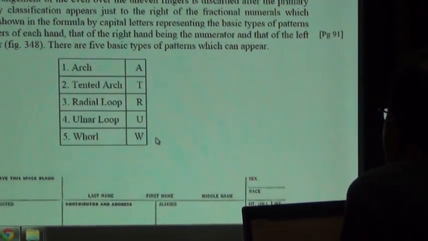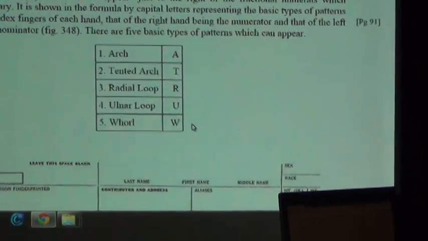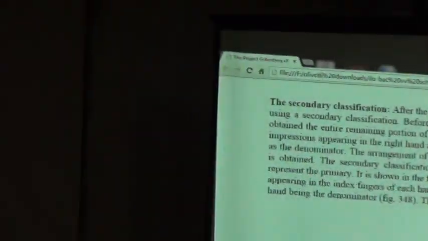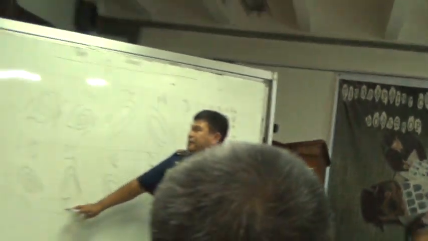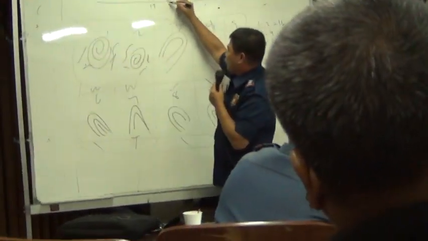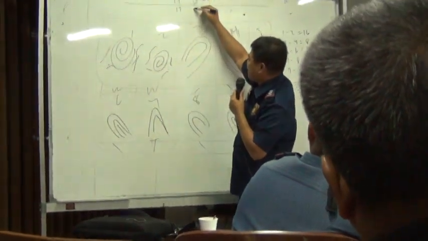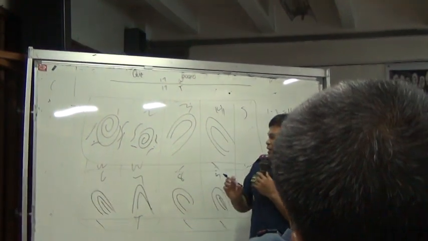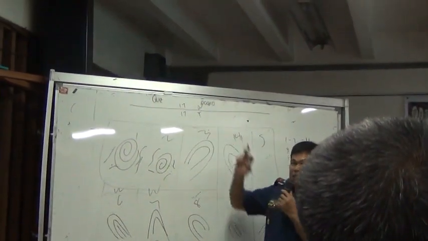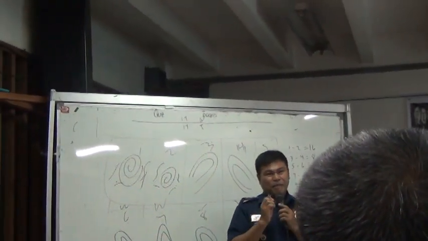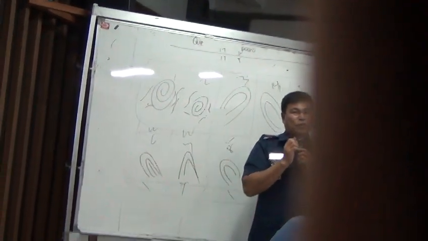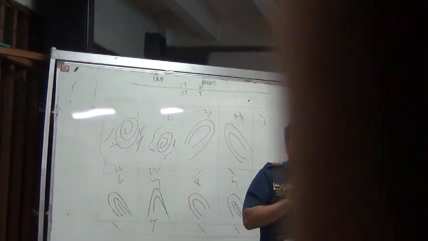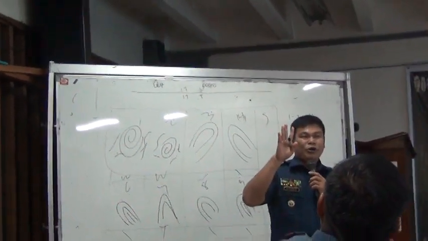The right is the numerator and the left is the denominator. So if this is a whorl, you put a W on it, but only if it is a plain whorl, because a whorl can be subdivided into four different types.